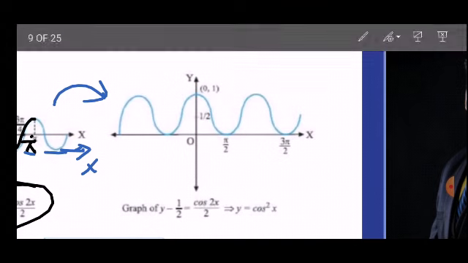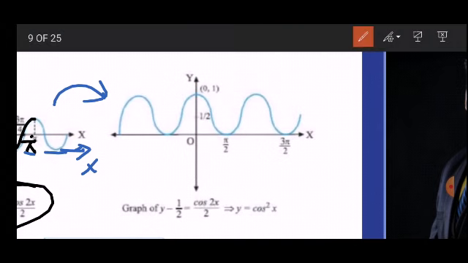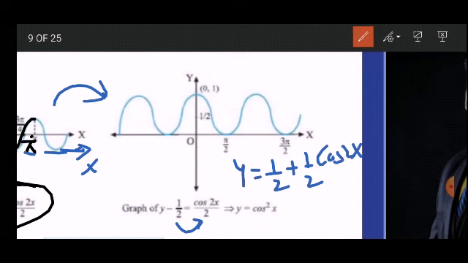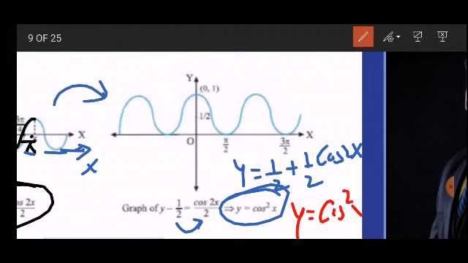This is the portion that we call y equal to cos square x finally. If you transpose this half over here, then it becomes y equal to half plus 1 by 2 cos 2x, and here it becomes y equal to cos square x, you see. So this is the graph of y equal to cos square x.